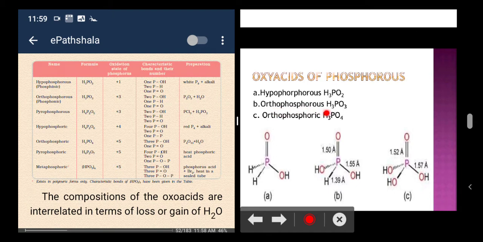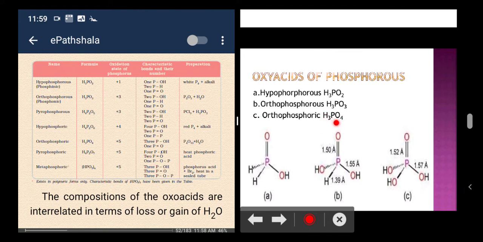And orthophosphorous H3PO3. Looking into the formula, you can write it very simply: P at the center, the central atom is phosphorus, and the other sides will be hydrogen and oxygen, and one will be double bonded with oxygen with a 1.50 angstrom bond. And finally orthophosphoric acid, H3PO4.